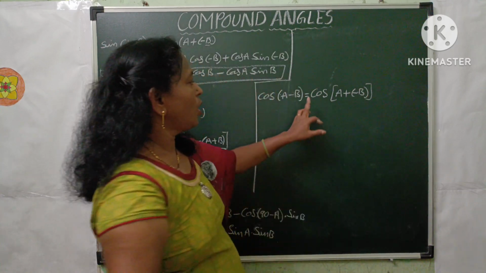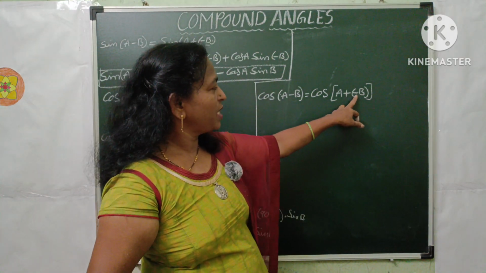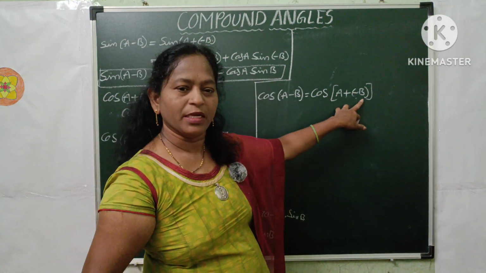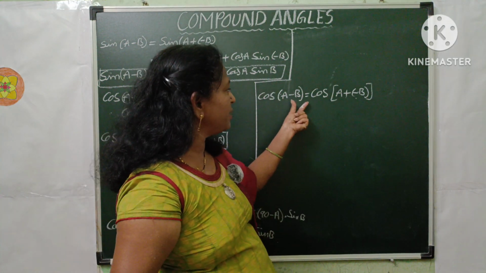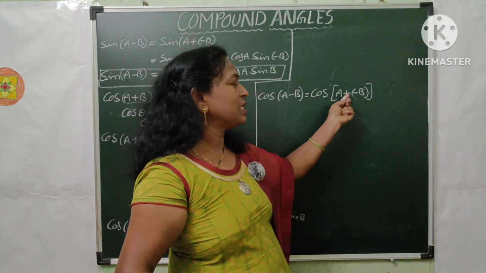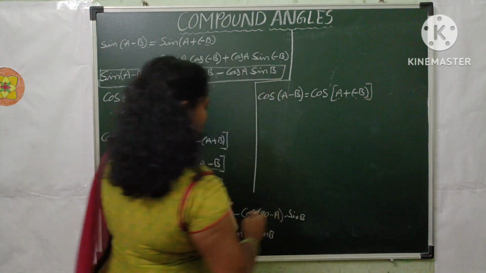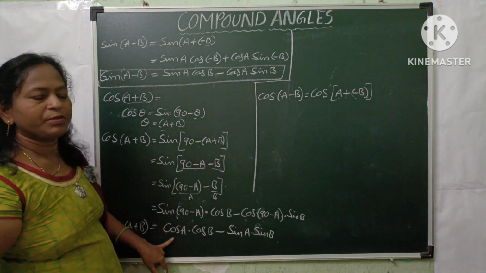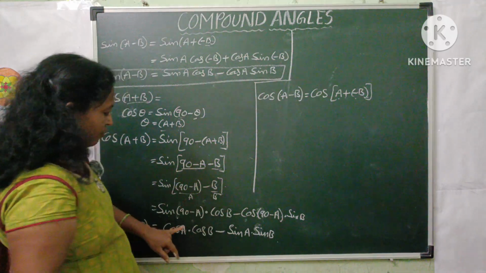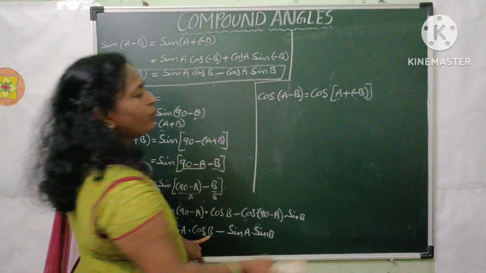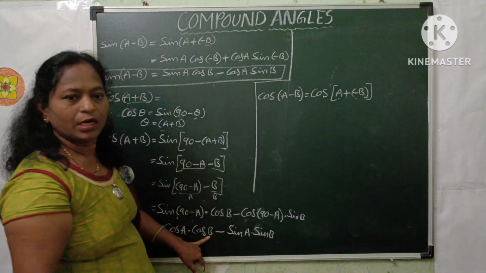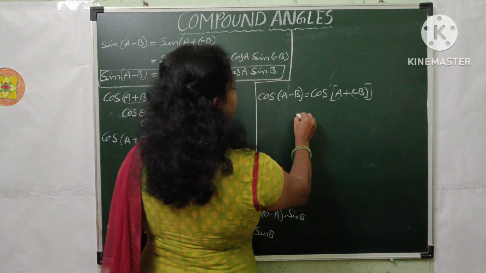See here, cos a plus of minus means plus into minus b. So for cos(a minus b) we have to write a plus of minus b. Simply we have to use the cos(a plus b) formula, but in the place of b we have to replace minus b. That is the change.